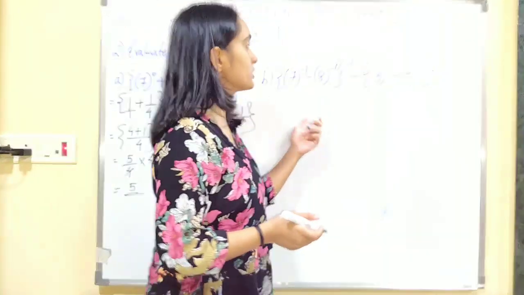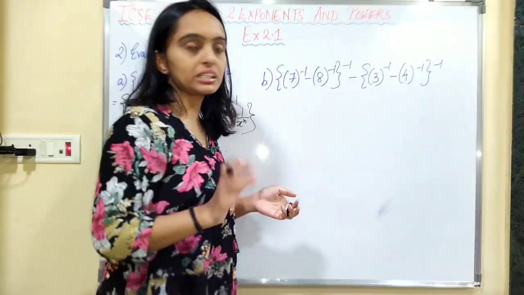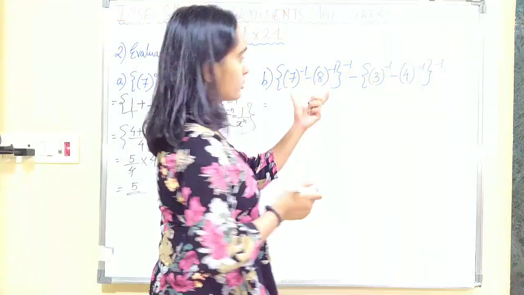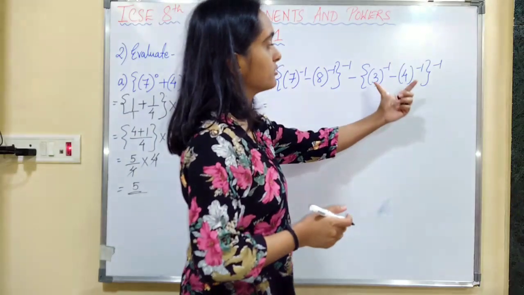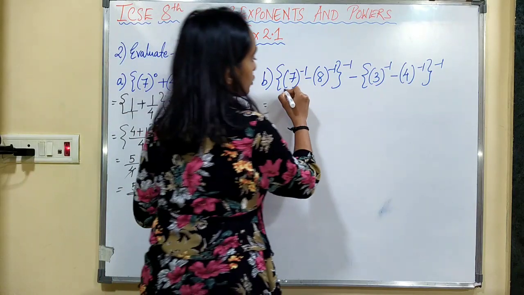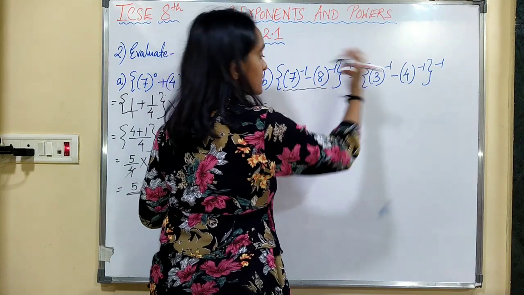Now the second question is this. It looks complicated but it is quite an easy one. So we will solve this bracket first and then this bracket, and then we will subtract both of them. First we will solve the inside part, then we will take its reciprocal.